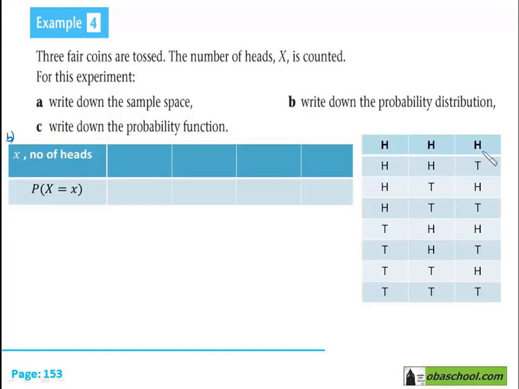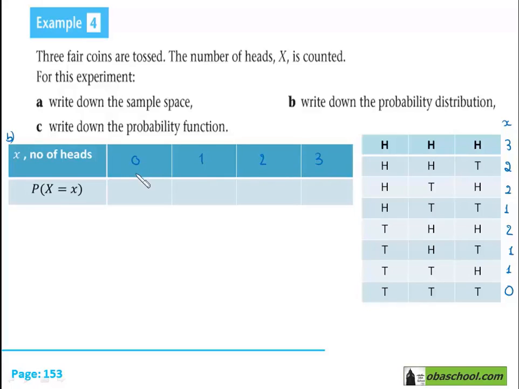The first outcome has 3 heads. Here we have 2, here we have 2, then we have 1. Here we have 2 heads. Here we have 1 head, and here we have 1 head. Finally, we have 0. So the values for x are 0, 1, 2, 3. So here we write 0, 1, 2, 3.